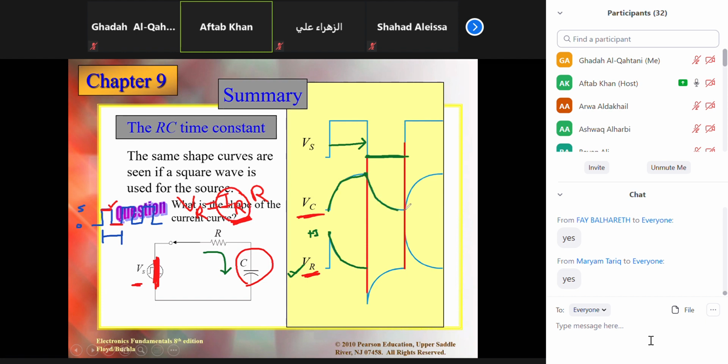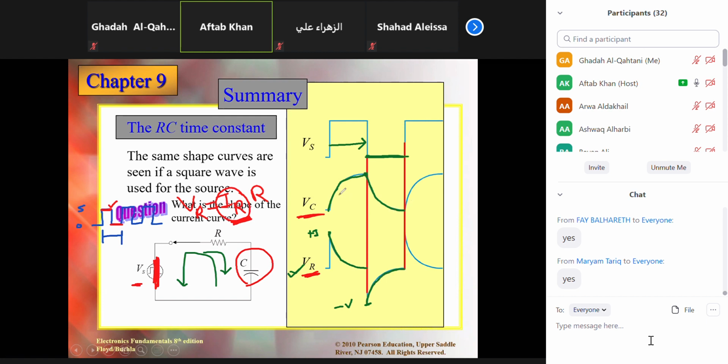And when it discharges, you know that the current will flow negatively, right? Negative, counterclockwise. So when it starts flowing negatively, the voltage across VR will start with a negative value. So here it is going to be negative voltage, and once the current becomes zero, the voltage across will also become zero.